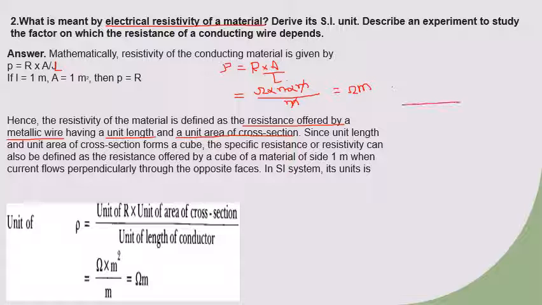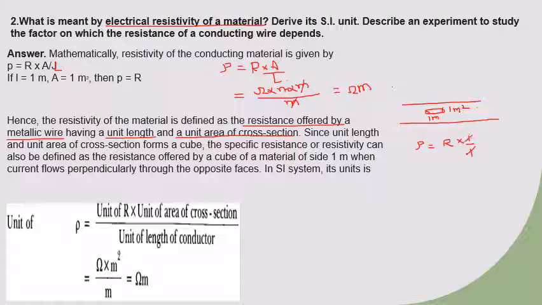If I take a wire, this is my copper wire, and if I take a small part of this wire, and the length of this is 1 meter and the area of cross section is 1 meter square, in this case, if I find the resistivity of this wire, let's put it into the formula: rho is equal to R, resistance, into A, which is 1, upon L, which is 1.